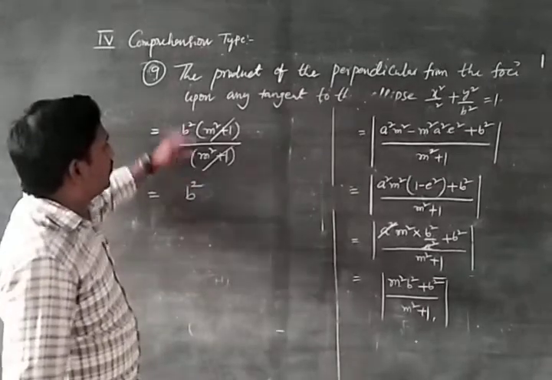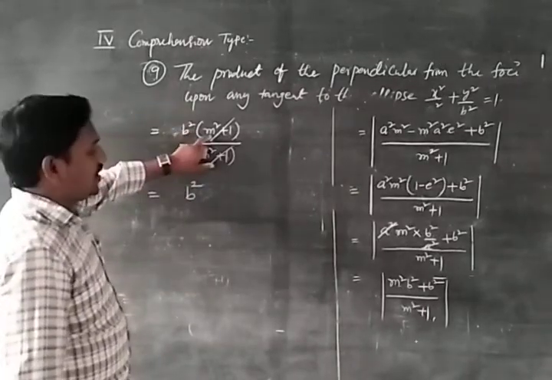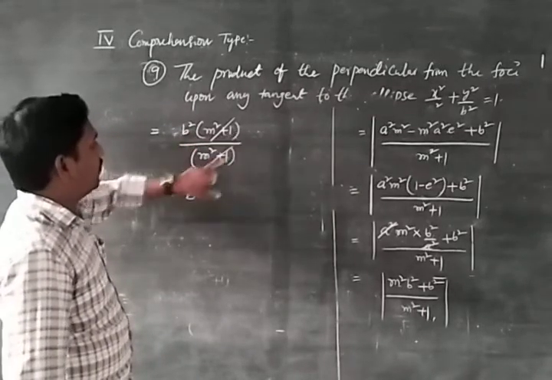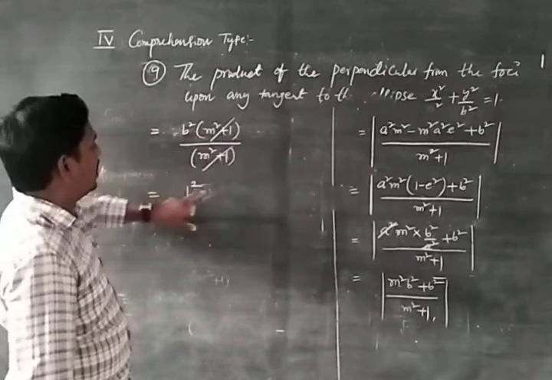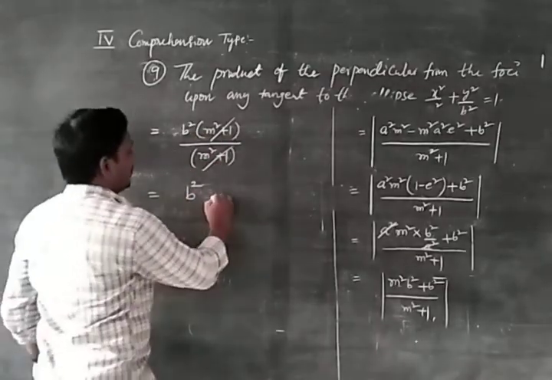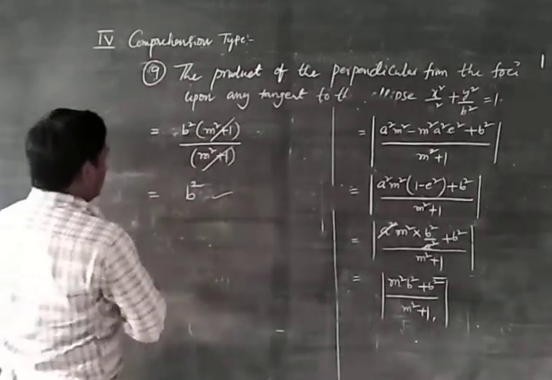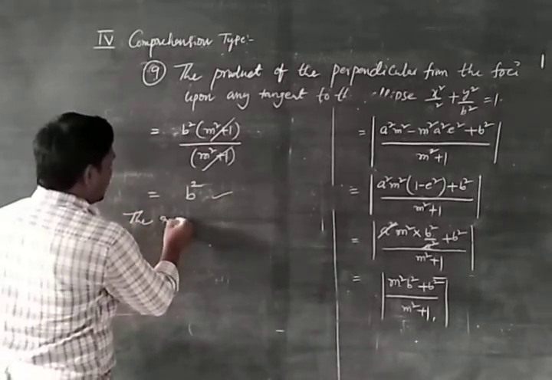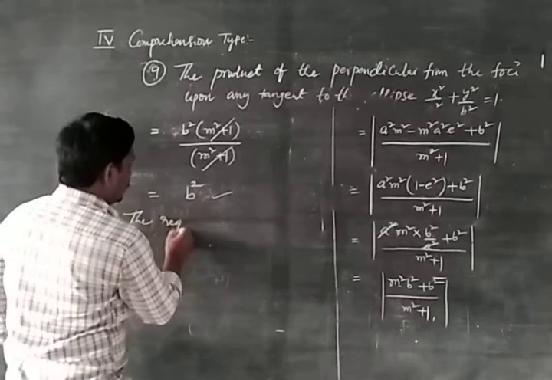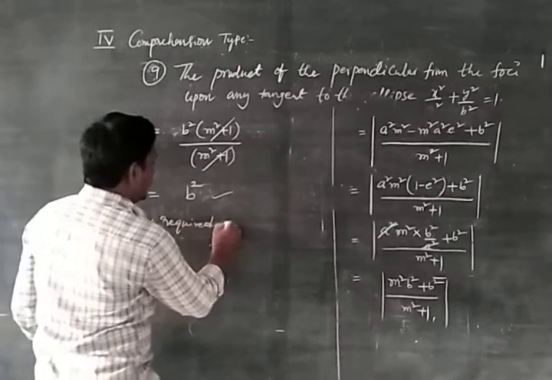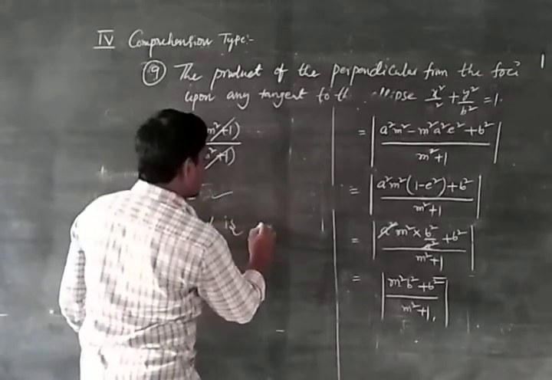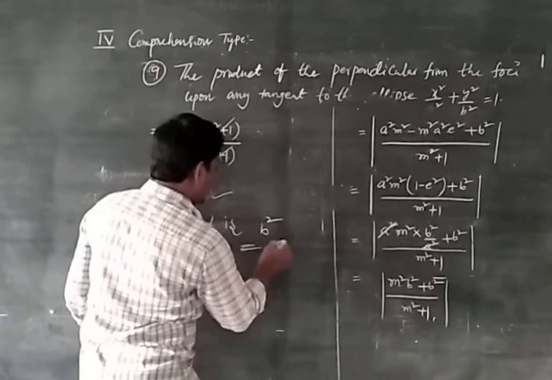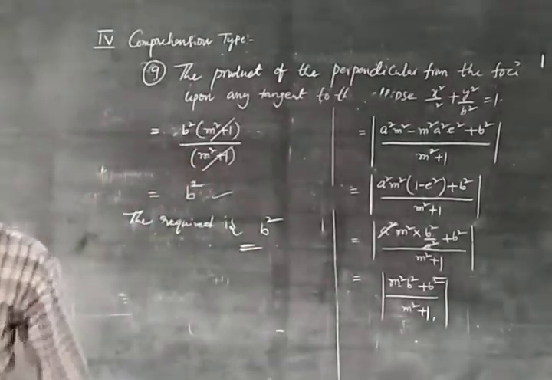Take out the B square as a common one. What is the remaining? M square plus 1 by M square plus 1, both are cancelled. What is the remaining one? B square. So the required product is B square. Okay. Right.